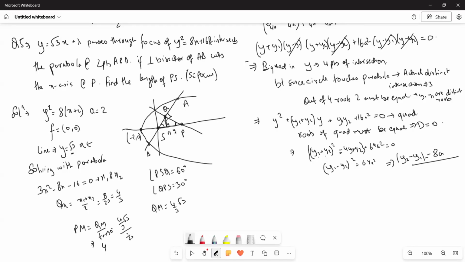And MS is the x coordinate, which was 4/3. So the length of PS would be 4 plus 4/3, which is 16/3. That will be the answer.